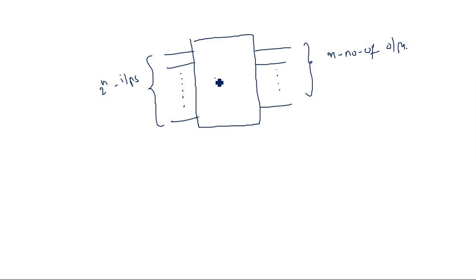So it is an 8 to 3 encoder. This is the size of the encoder. 8 to 3 encoder, or in general 2 power n by n encoder. It is one example. 8 to 3 has 8 input lines and 3 output lines. Let us first see an example.